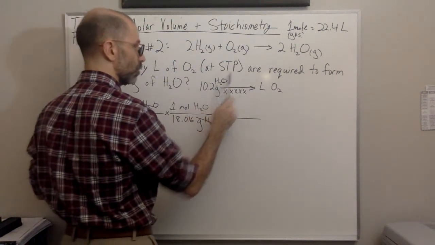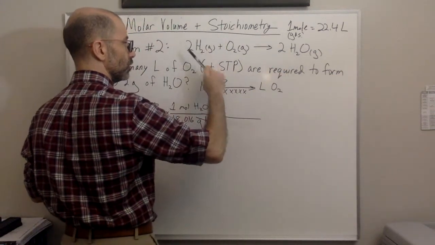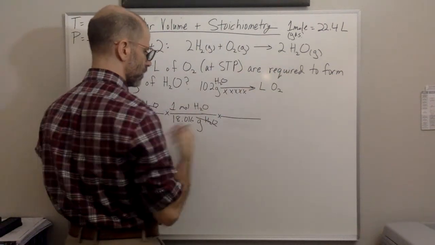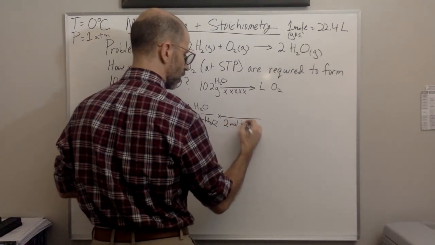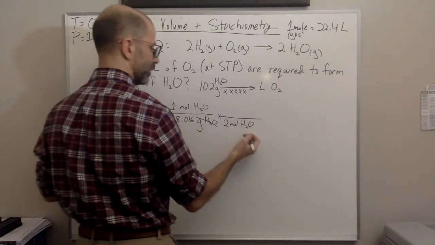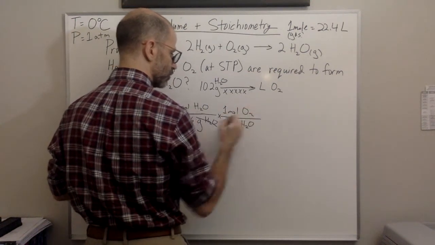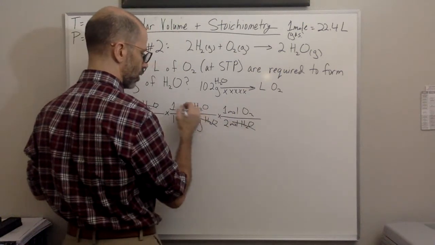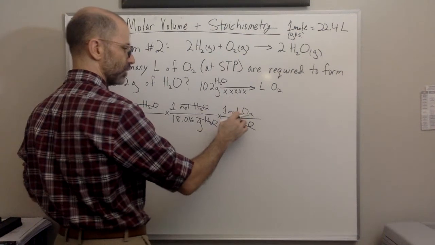So the mole ratio from water to oxygen is 2 to 1. So we have 2 moles of water on the bottom and 1 mole of oxygen on top. So moles of water cancels out, and now I have moles of oxygen.